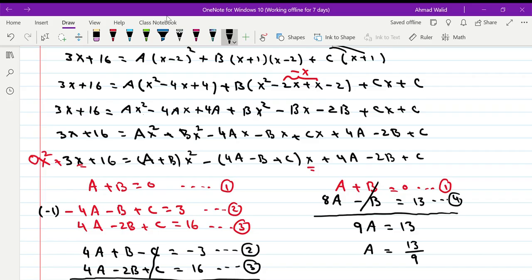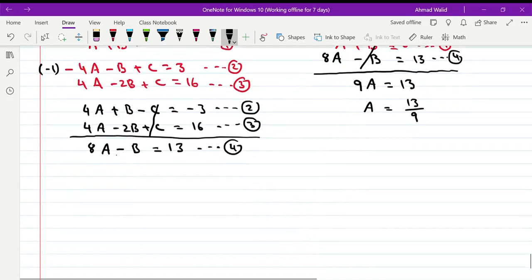Everything correct. ax squared, bx squared, minus 4ax, minus bx plus cx, 4a minus 2b plus c. Everything looks correct. We shouldn't end up with a fraction, but it's okay. Minus b plus c times x. Yeah, everything is correct. I just double checked why.